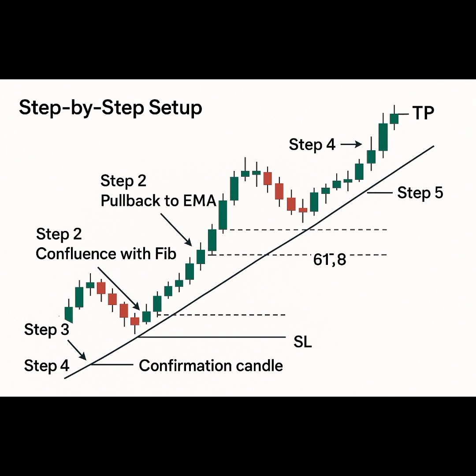Step 4. Wait for confirmation. This can be a bullish engulfing candle, rejection wick, or break of minor structure. Step 5. Enter the trade with your stop loss below or above the pullback and your target based on previous highs or lows. Never skip confirmation.